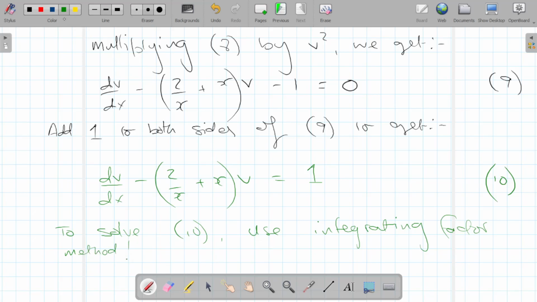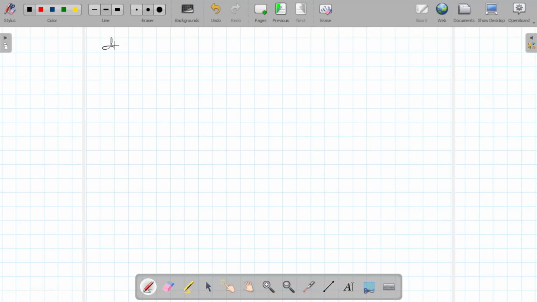Okay, so let's change color and go to a new page. So we've got dv by dx minus 2 over x plus x in brackets, of course. Let me just write that a little more clearly.